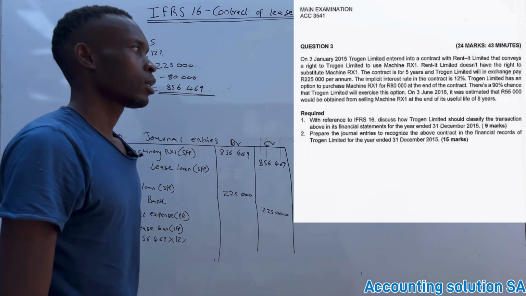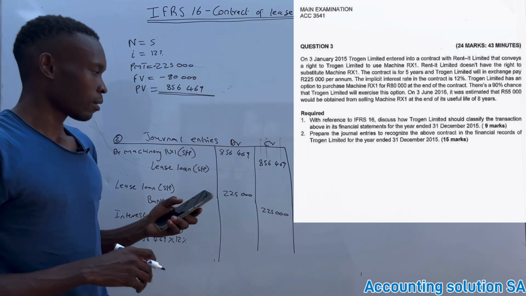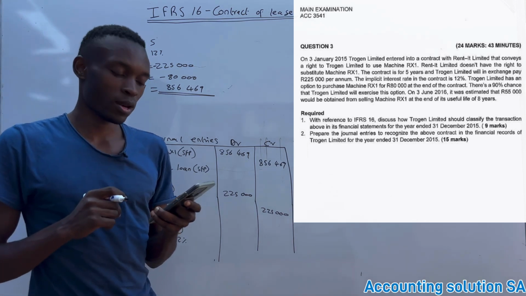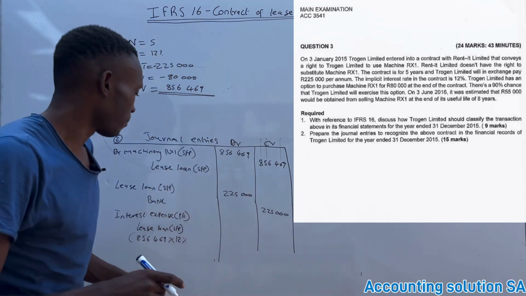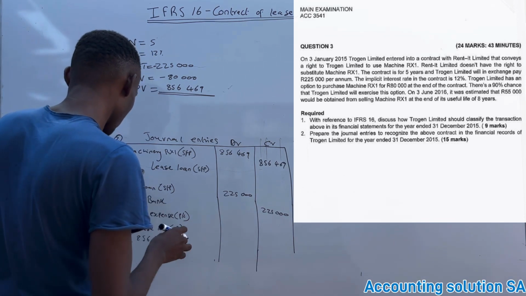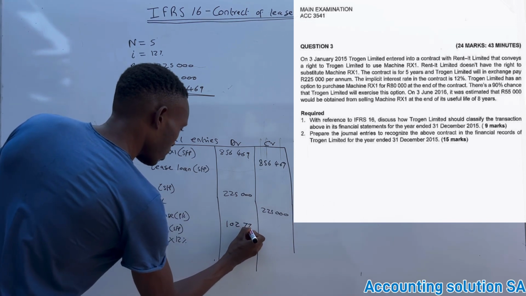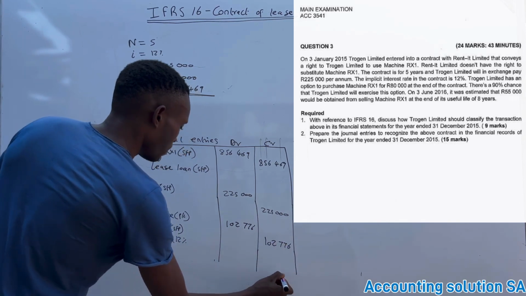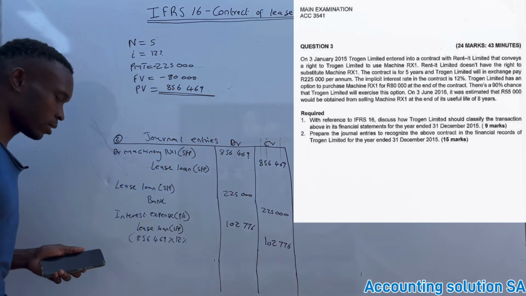If we take it during the year, you must also account for the months. But because in this case, guys, we take it on 1 January 2015, it simply means that it's the whole year, because our year ends on 31 December. If you do this calculation, you will simply get interest of 102,776.